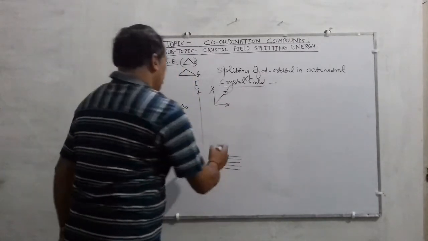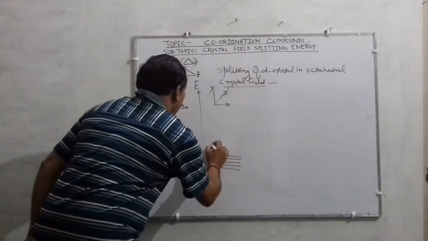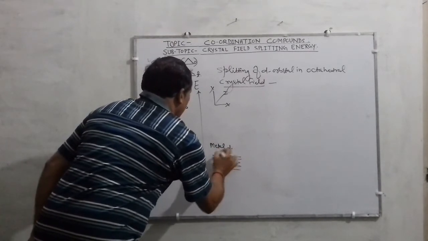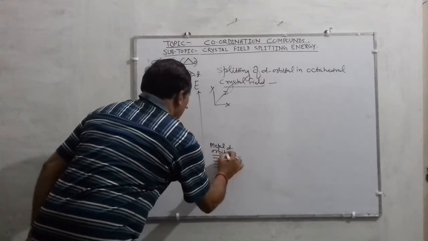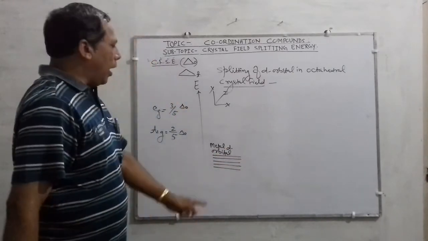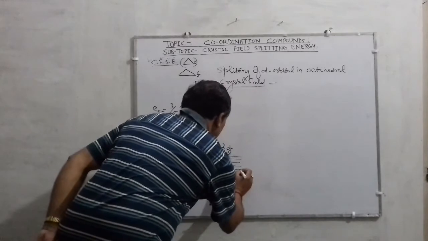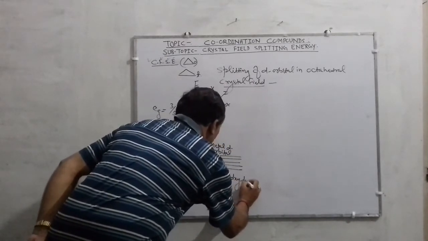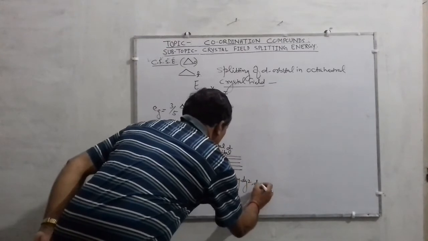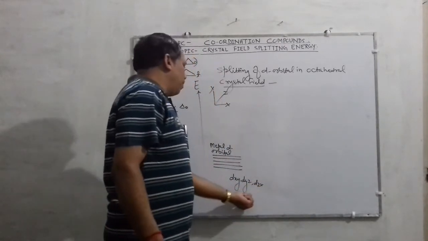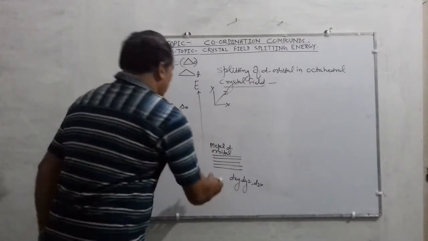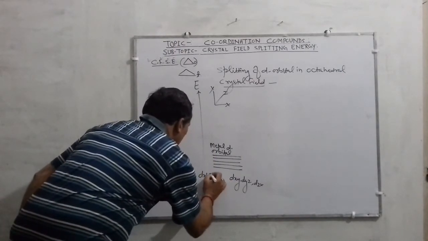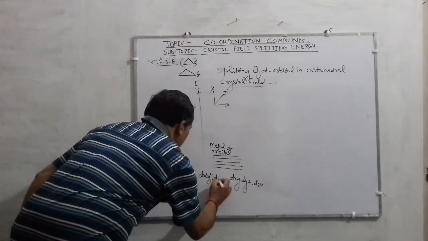These are the metal d orbitals, and as you know, the names of these d orbitals are dxy, dyz, and dzx. They are of lower energy, and the higher energy d orbitals are dx square minus y square and dz square.